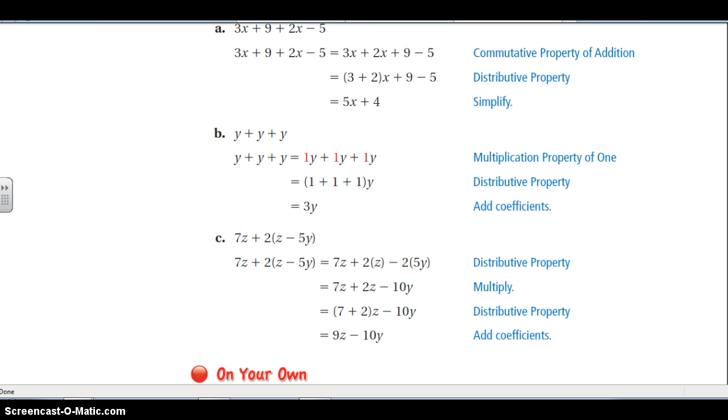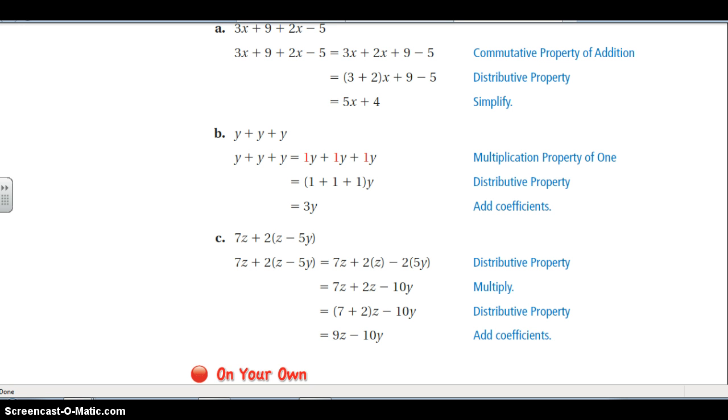Let's look at c. Please write this. It's 7z plus 2 times, in parentheses, z minus 5y. If you use the distributive property, okay, you just go with the whole numbers for now. You're going to go 7z plus 2z minus 2 times 5y.